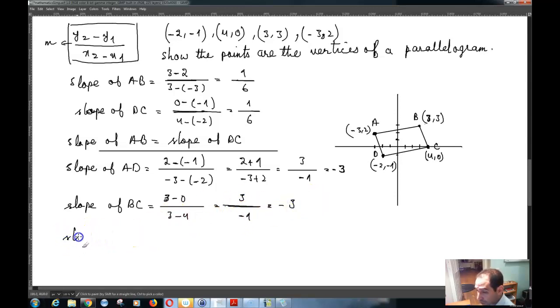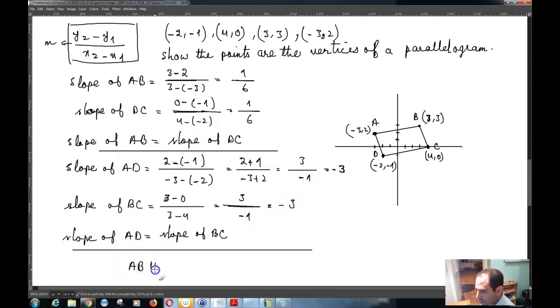So then you can say that the slope of AD is equal to the slope of BC. And so what that means is that AB is parallel to DC, and AD is parallel to BC.